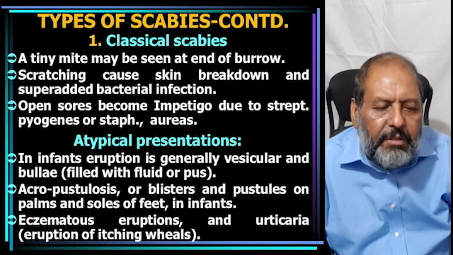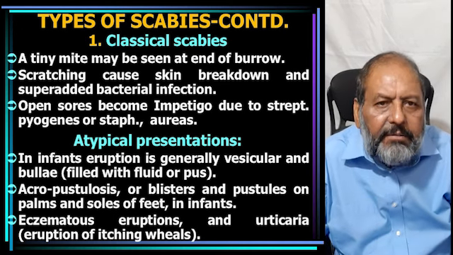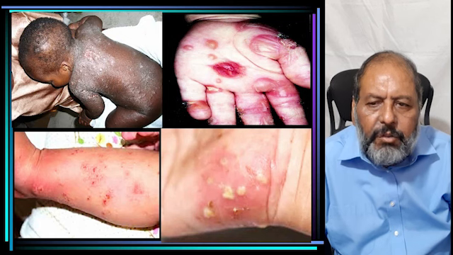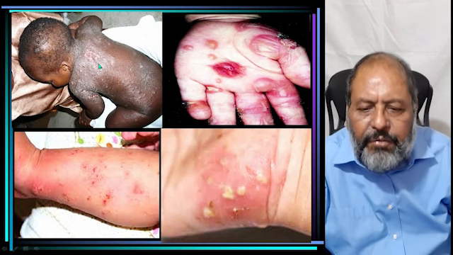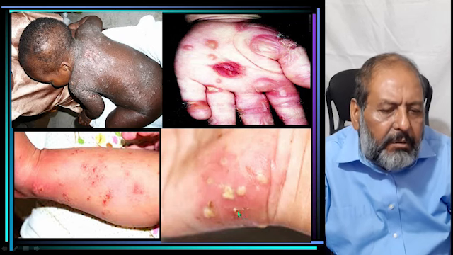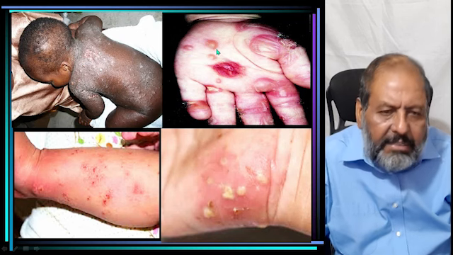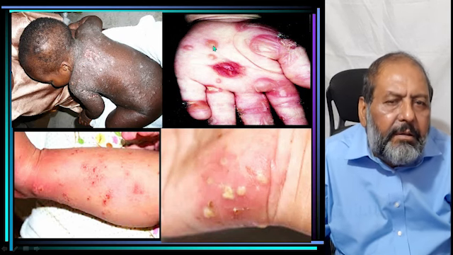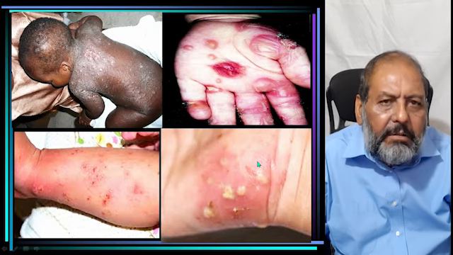Eczematous eruptions and urticaria, eruptions of itching wheals, are also seen. Here one can see in an infant the kind of lesion, acropustulosis, with bullae filled with fluid, and pus-filled lesions also.